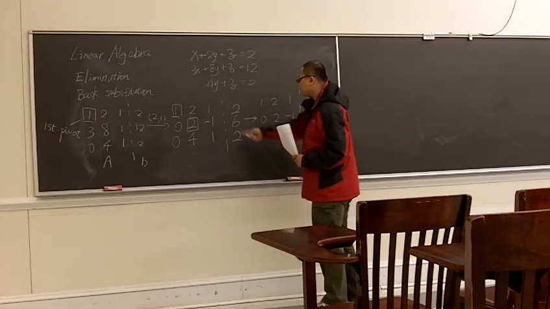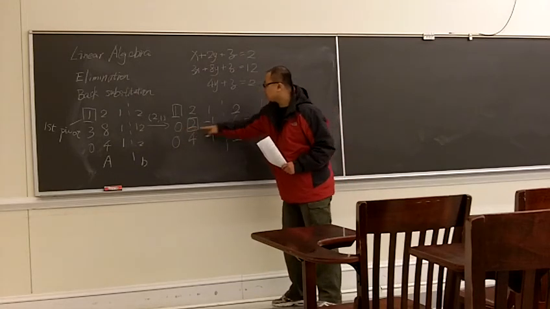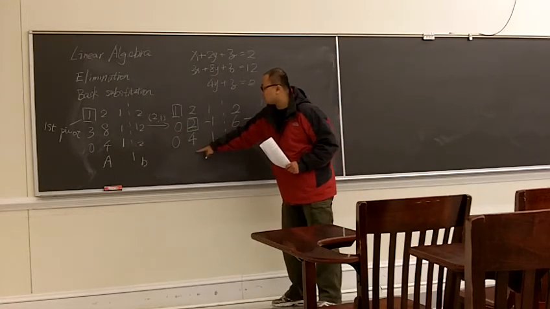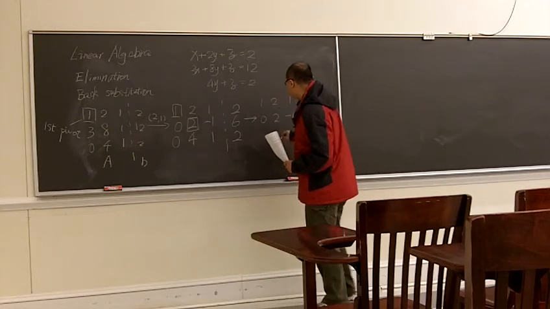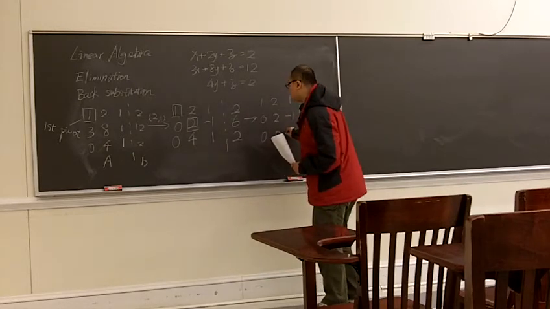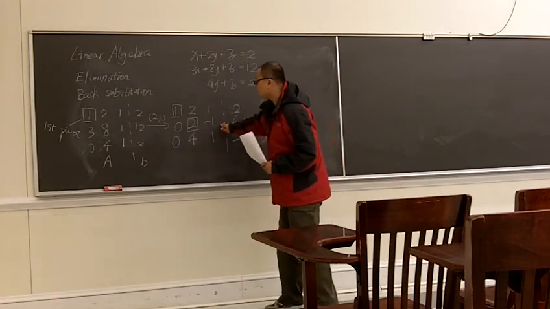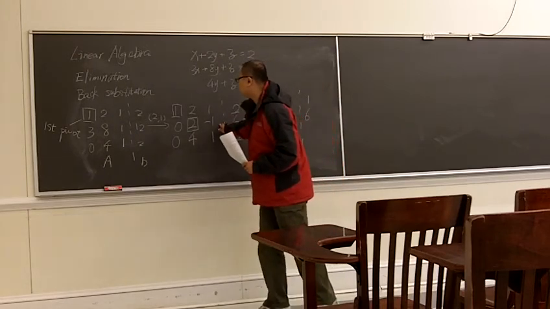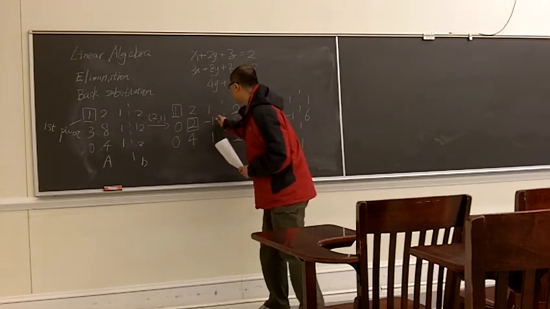And 2 times the second row subtracted from the third row should be 0, 0, minus... oh, is it correct? 3, it should be 2, sorry.